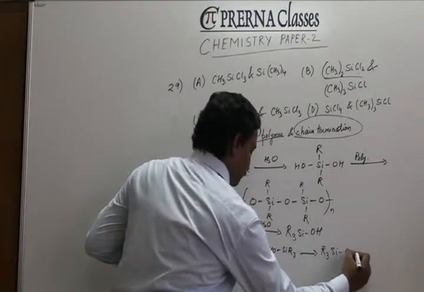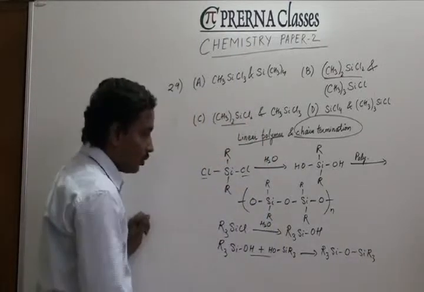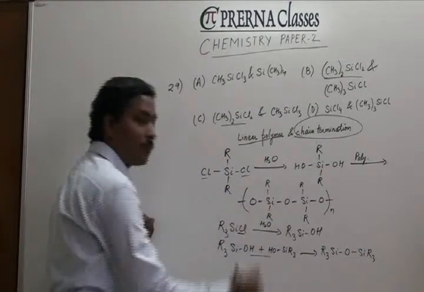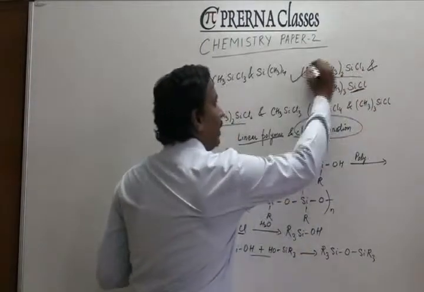R3SiOSiR3. So only one Cl group should be attached, and according to this, option B is the correct answer.